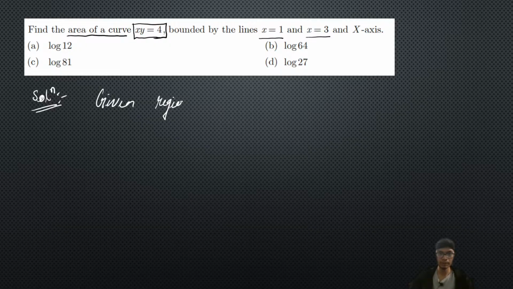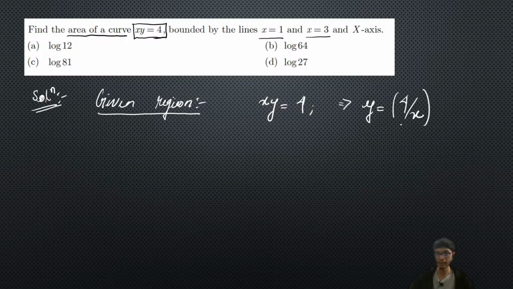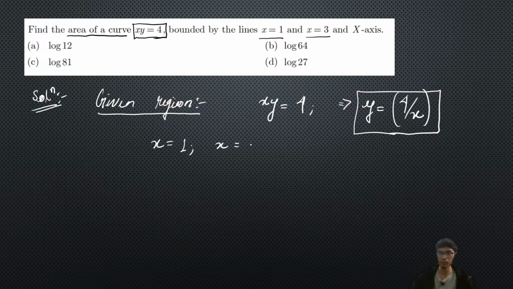So your given region is xy equal to 4. From here we will separate it as y equals 4 upon x, and that's the function. I have to find the region within the interval x equals 1 to x equals 3 and also the x-axis. That is going to be the bound of my region.